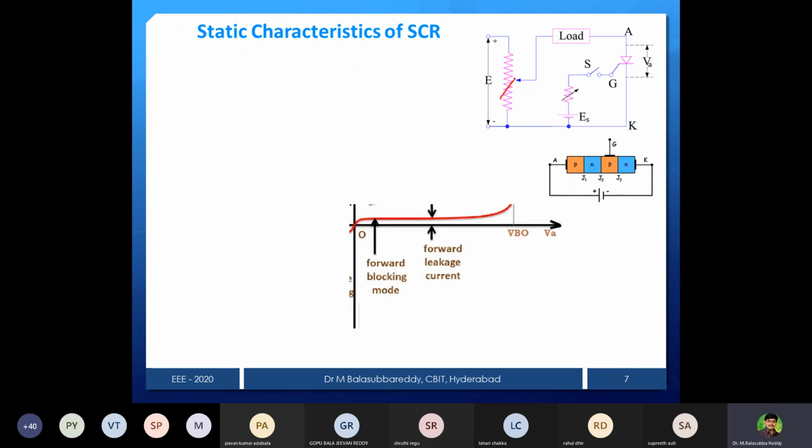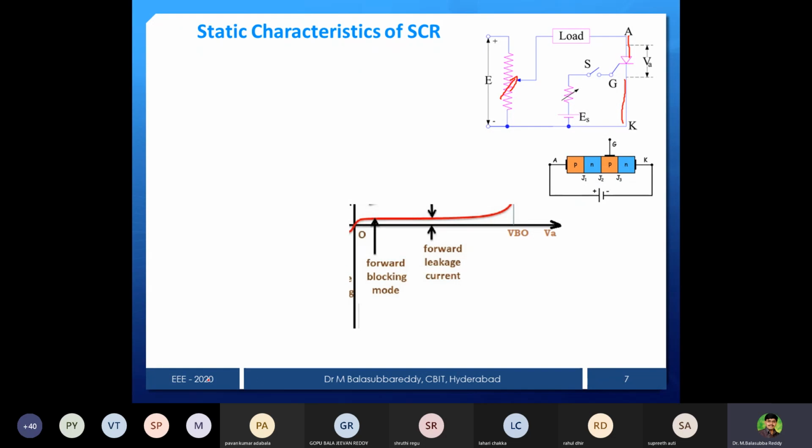By varying the potential divider or a rheostat, you increase the anode voltage. Normally, if some anode to cathode voltage is applied, the current will be zero because the device is not turned on, except for a small leakage current.